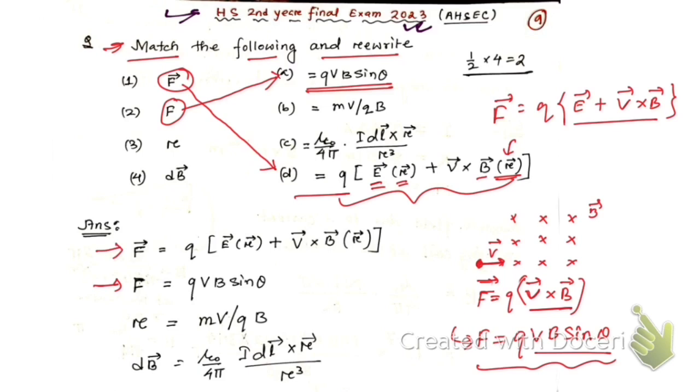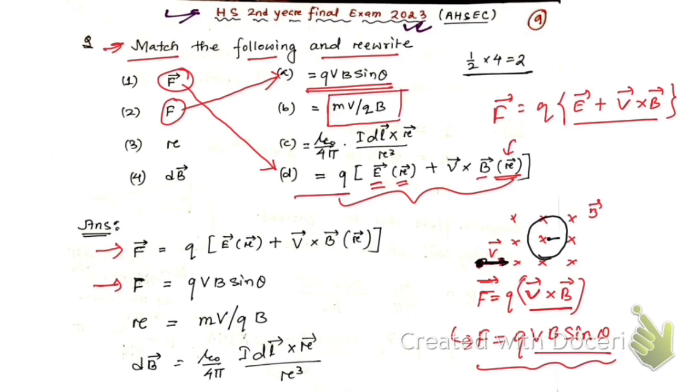So next you see, when a charged particle enters a magnetic field in the direction perpendicular to the magnetic field, after entering this magnetic field it takes a circular path, and the radius of that path is given by this expression, mv by qB.